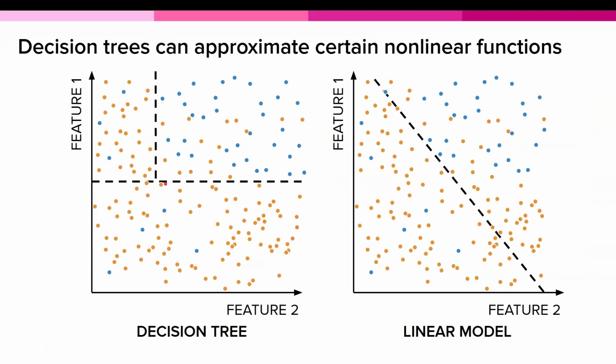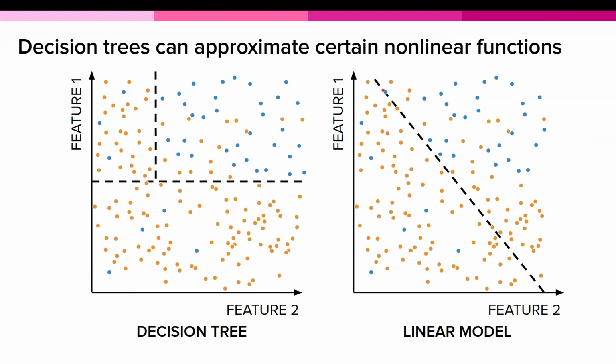Each dashed line represents a decision boundary created by a question about one of the features, either feature one or feature two. This allows the tree to separate the data into different classes using simple interpretable rules that are very easy to understand. We can compare this to a linear model.